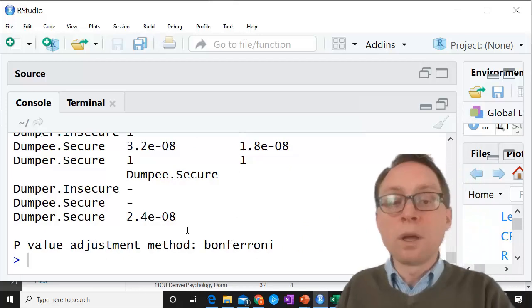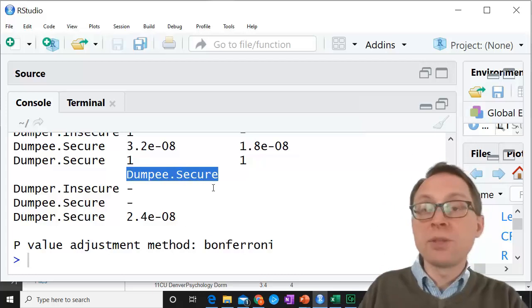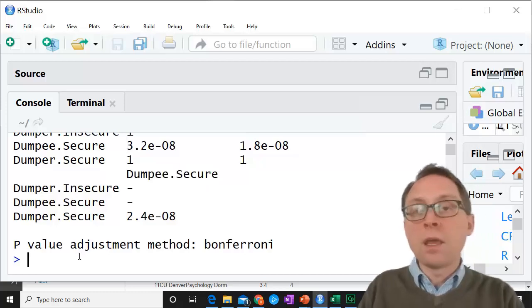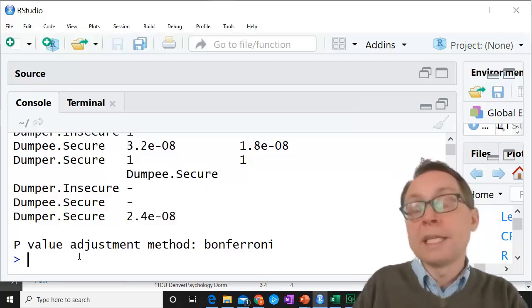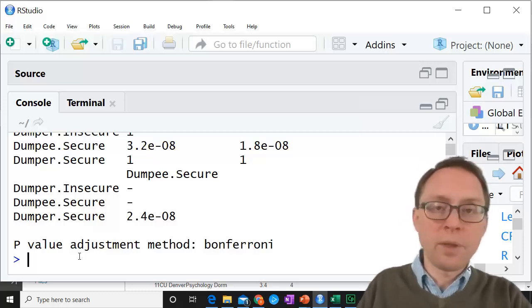Remember, my hypothesis was that dumpies who are secure would have significantly more satisfaction, and that's exactly what we found. So my hypothesis is supported. Now, what I'm saying here is that in the future, I'm going to start asking, is my hypothesis supported? That is different from should you reject the null hypothesis?